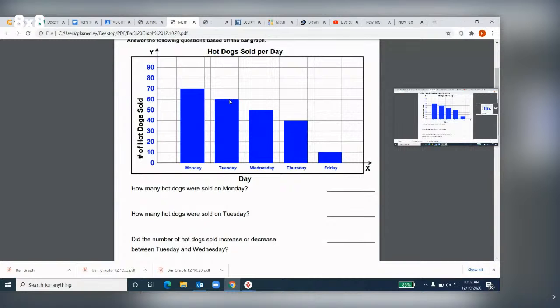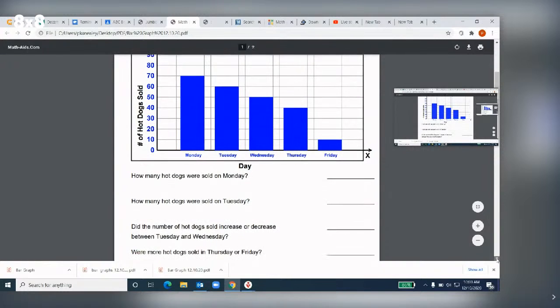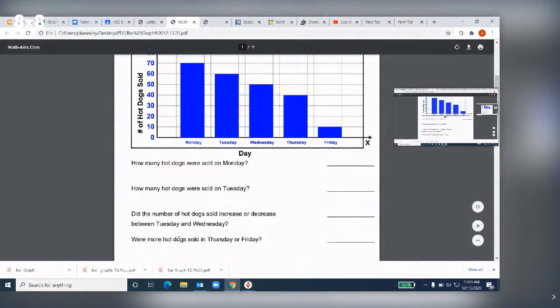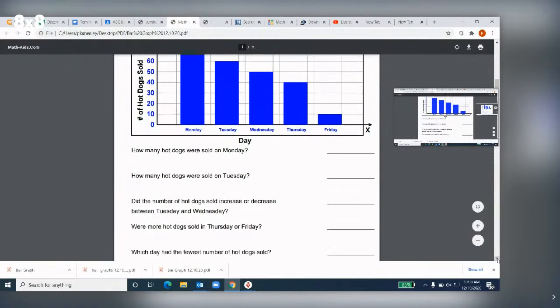It went from 60 on Tuesday to only 50 on Wednesday, so it decreased by 10. Then were more hot dogs sold on Thursday or Friday? Thursday, there were 40 sold. Friday, there were only 10. So there were more hot dogs sold on Thursday.